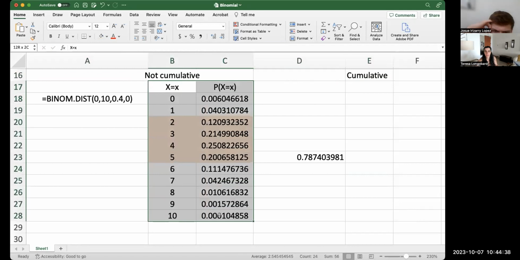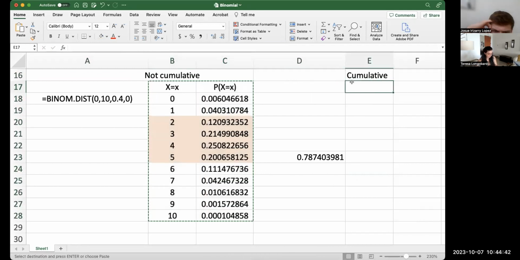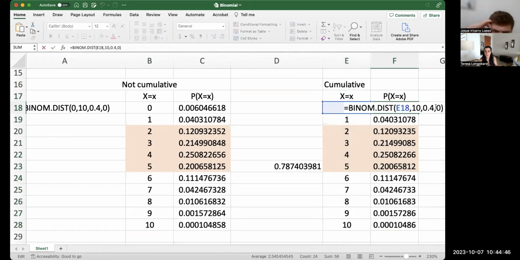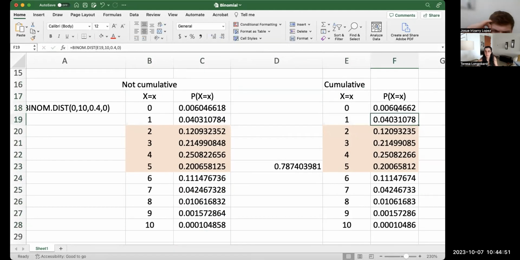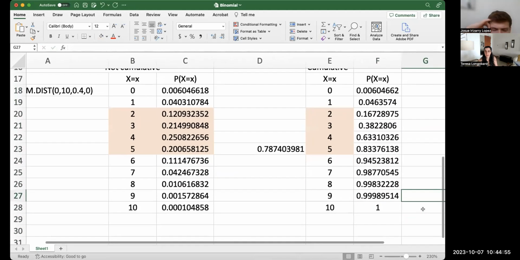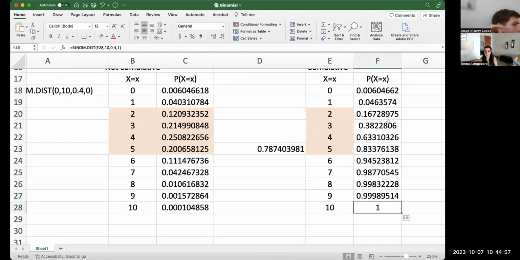So I'll just copy this, and all I'm going to change is this to a 1. The cumulative one ends up with 1 at the end because it's adding as it's going.